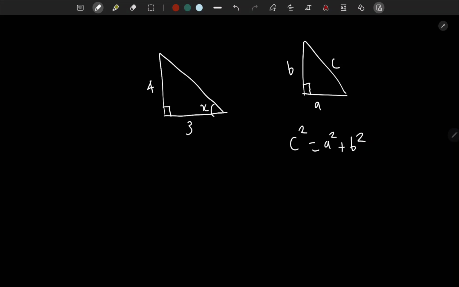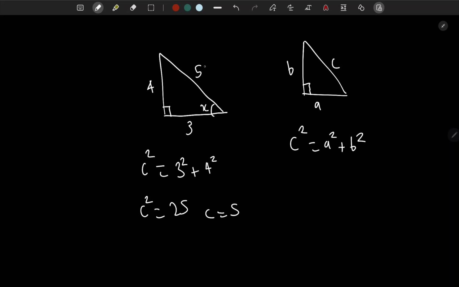So here c squared is 3 squared plus 4 squared, so c squared is equal to 9 plus 16, which is 25, and c is going to be 5.